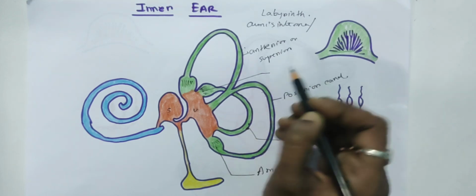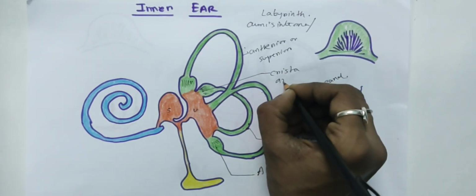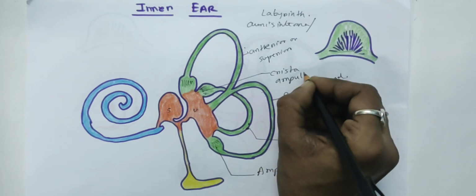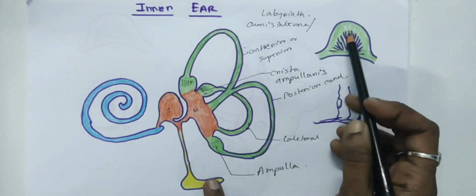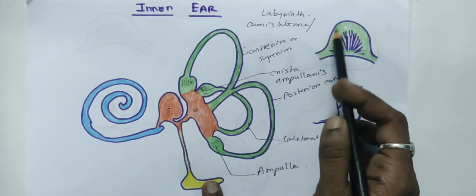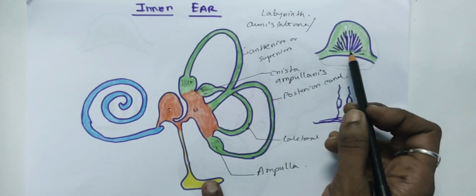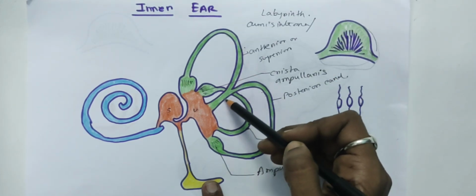Let me write it here: crista ampullaris. Here I am showing you the detail of the crista ampullaris. This is the swollen part of the semicircular canal.